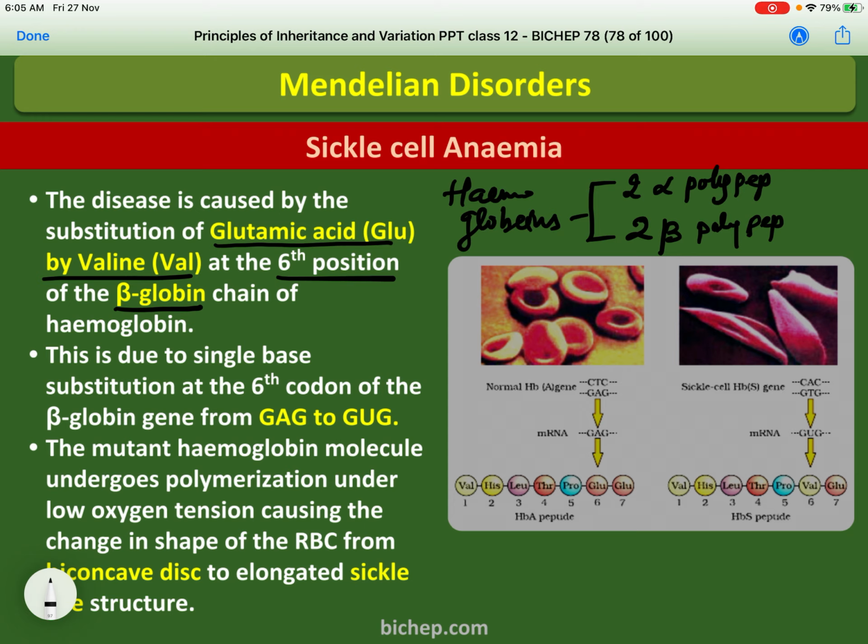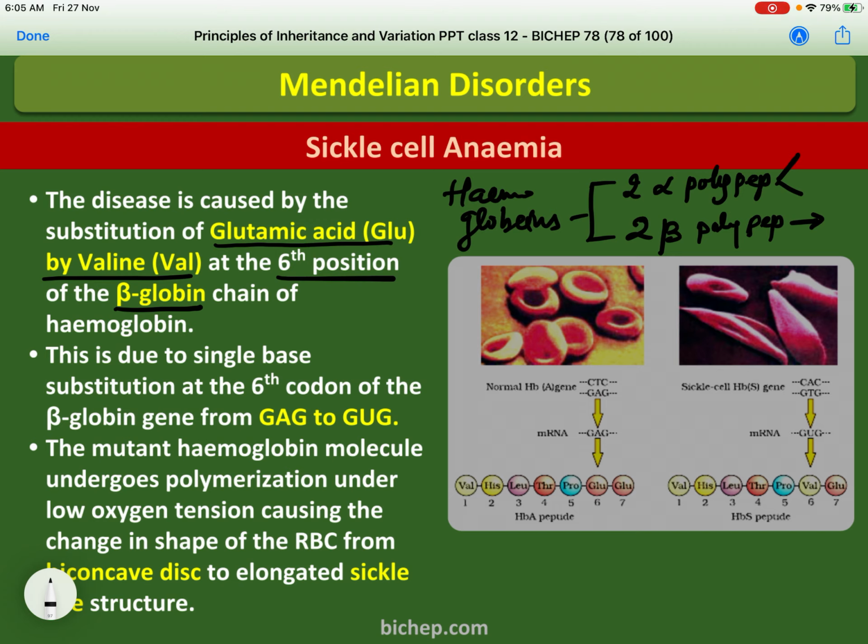Production of alpha polypeptide is controlled by 2 different genes, and production of beta polypeptide is controlled by a single gene, which is responsible for creation of beta globin.